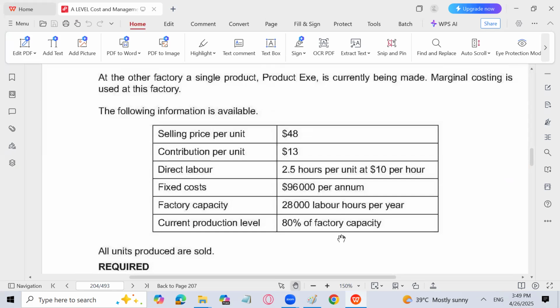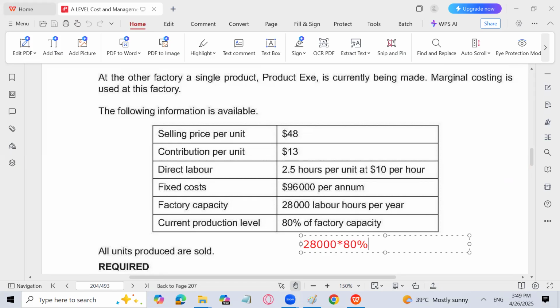Units produced are sold, but the problem is that the units produced and sold are not given. So we can find that. How? 28,000 labor hours is the capacity, and currently we are operating at 80%.